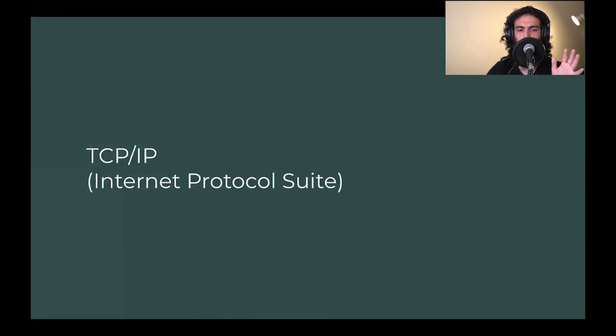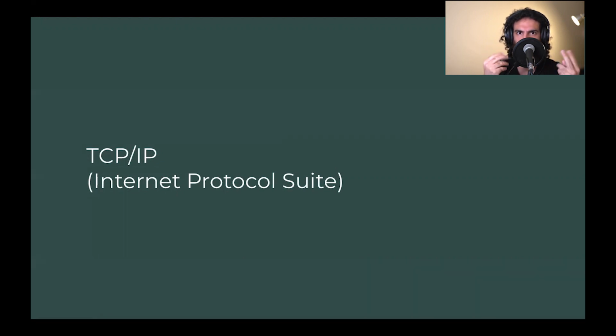So the TCP/IP is formally known as the Internet Protocol Suite. There are two parts to the Internet Protocol Suite. One is the standard, and the other part is the implementation. I'll explain these in a second, but let's be clear with our definitions. Everyone calls it TCP/IP, but its formal name is Internet Protocol Suite.